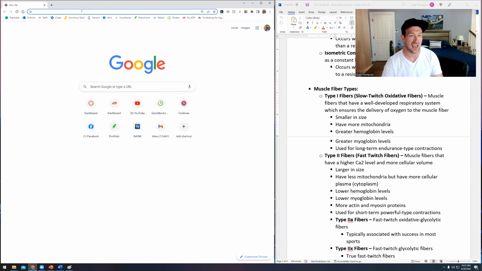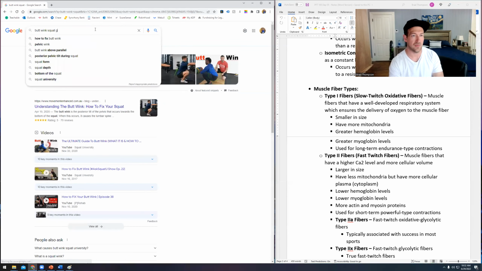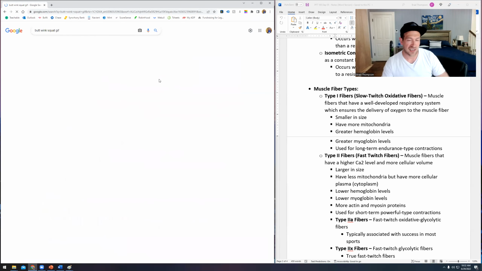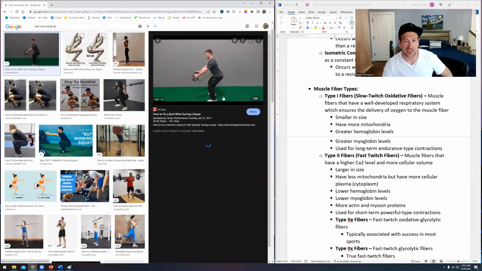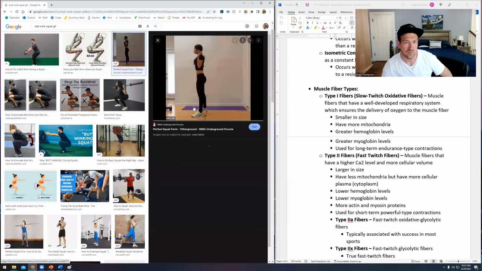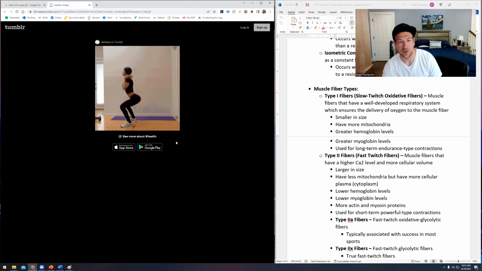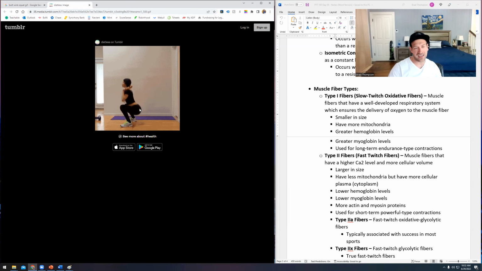Look at what happens when somebody is squatting and they do a little bit of a butt wink, right? There we go. So this girl's already got kind of an anteriorly tilted pelvis.